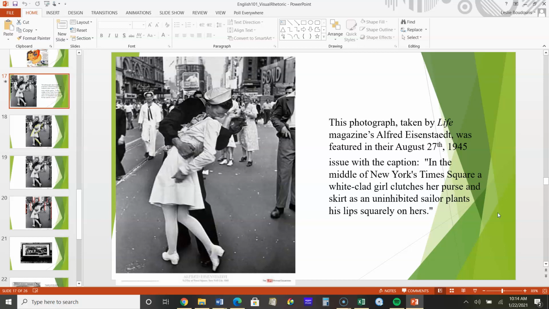But in real life, they actually didn't know each other, and he just ran up to her randomly and kissed her. And you see this in the body language. She is clutching her dress. His arm is around her neck in a way that doesn't seem comfortable.